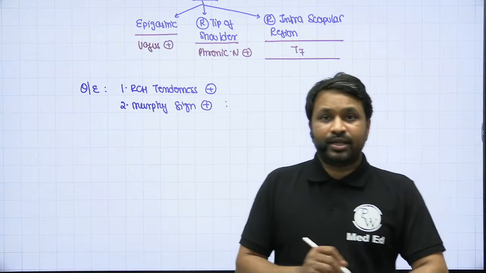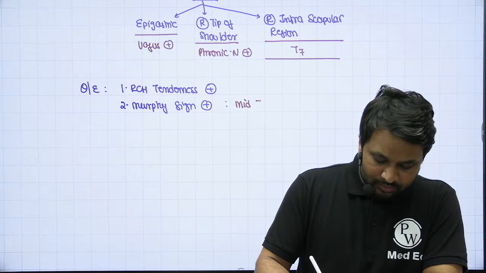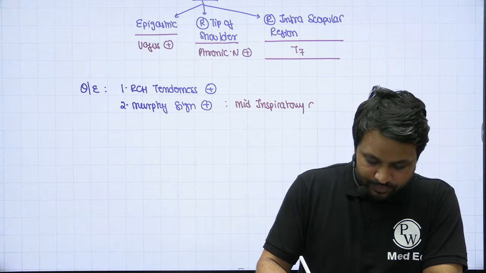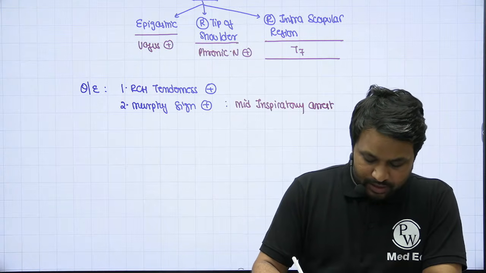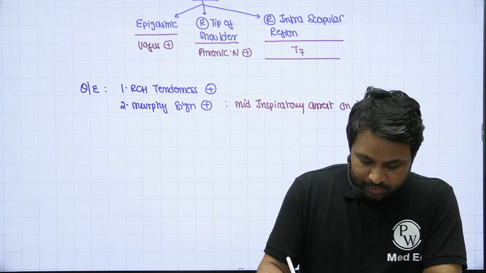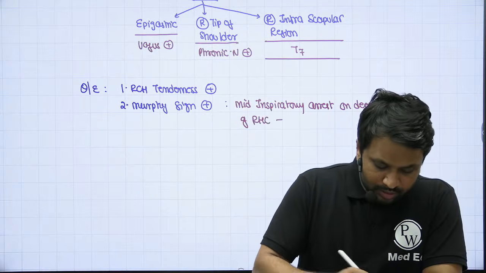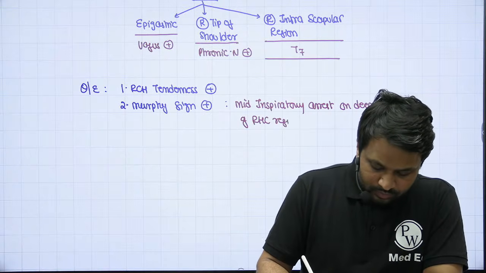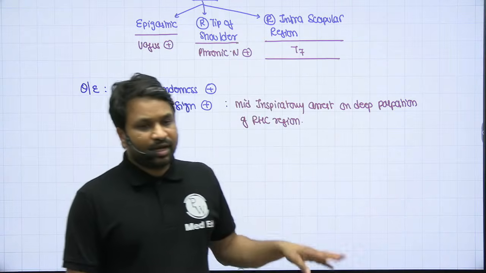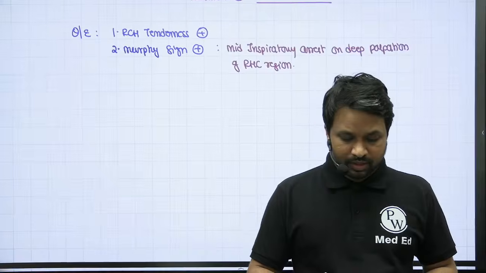There is mid-inspiratory arrest on deep palpation of the right hypochondriac region. That is what we call Murphy sign positive, right? So in the right hypochondriac tenderness, there is Murphy's sign positive that you're going to see.